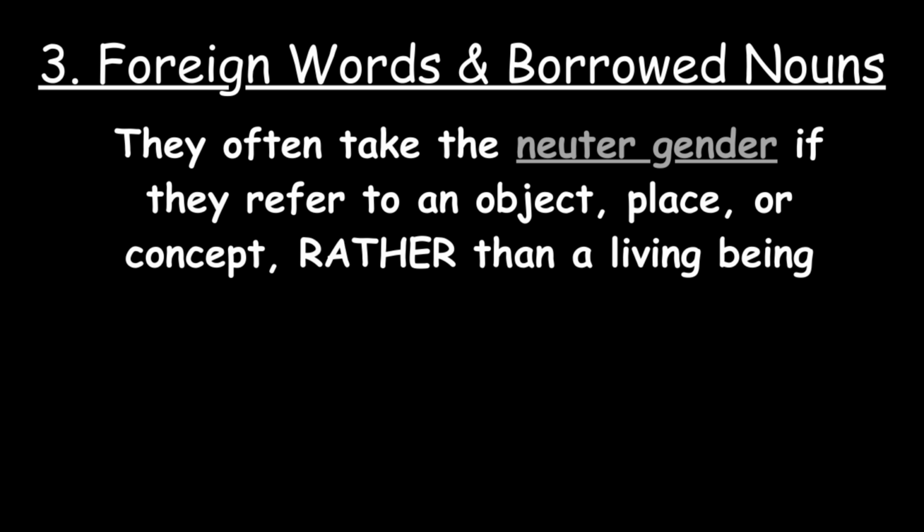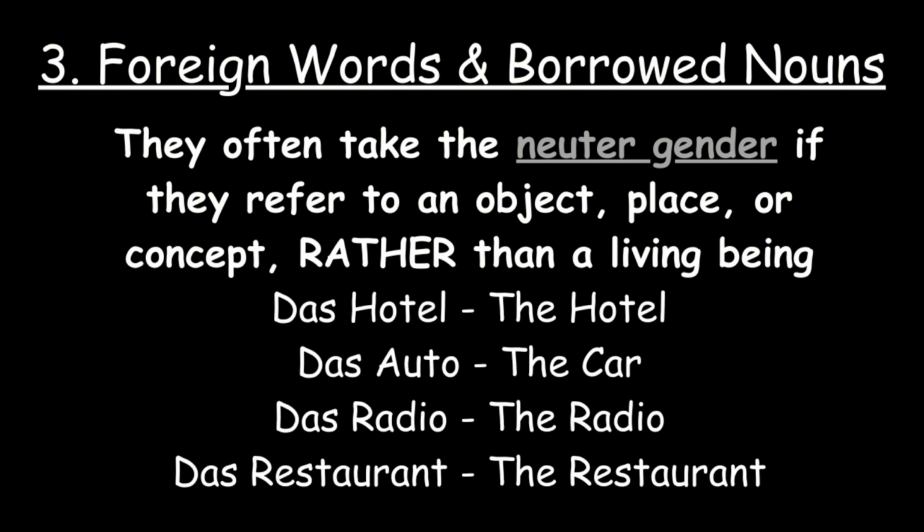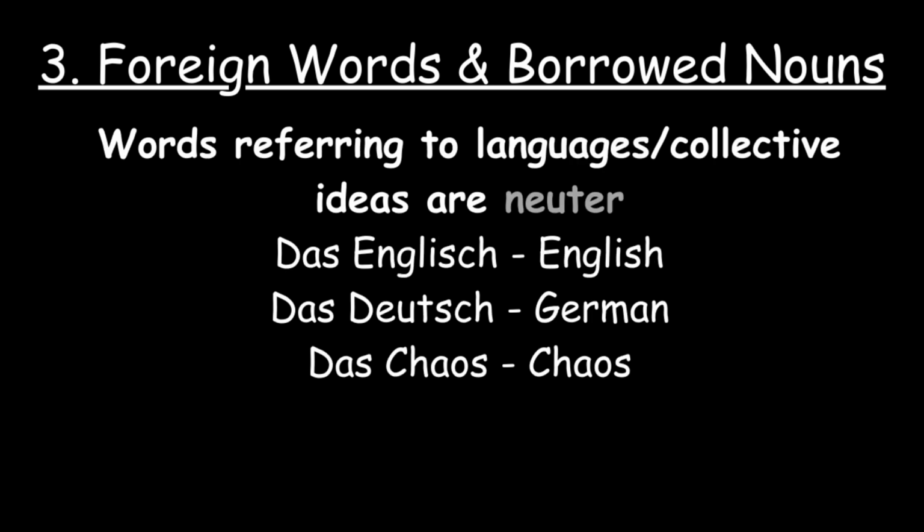Additionally, German has foreign words and borrowed nouns, and they often take the neuter gender, especially if they refer to an object, place, or concept, rather than a living being. Das Hotel, das Auto, das Radio, das Restaurant. Words referring to languages or collective ideas are neuter. Das Englisch, das Deutsch, das Chaos.